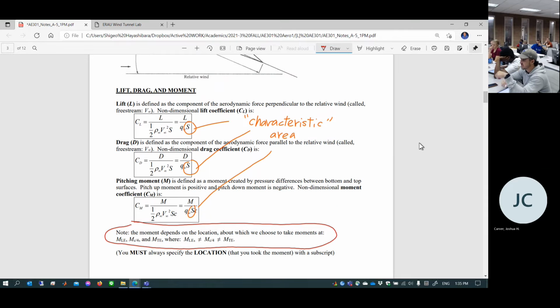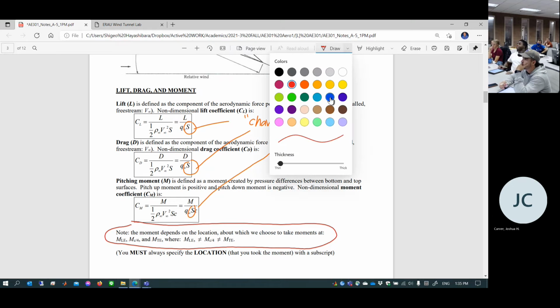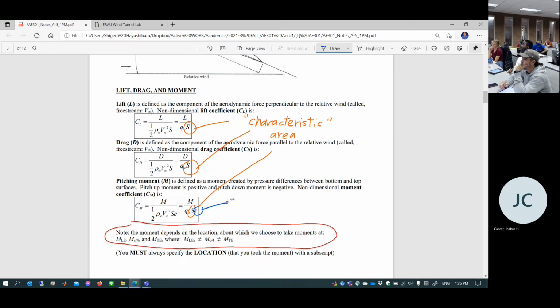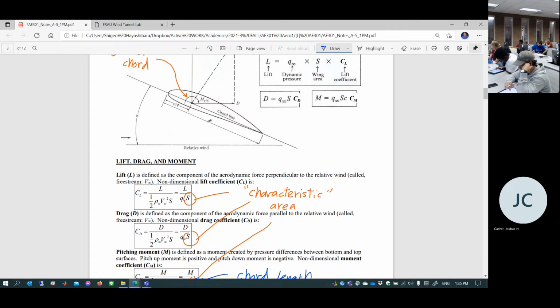Just double checking, that's what the c is, right? Is that the c in the equation? Oh, c in the equation, good point. I appreciate that. So this c is what? This is the chord length, the length of the chord.